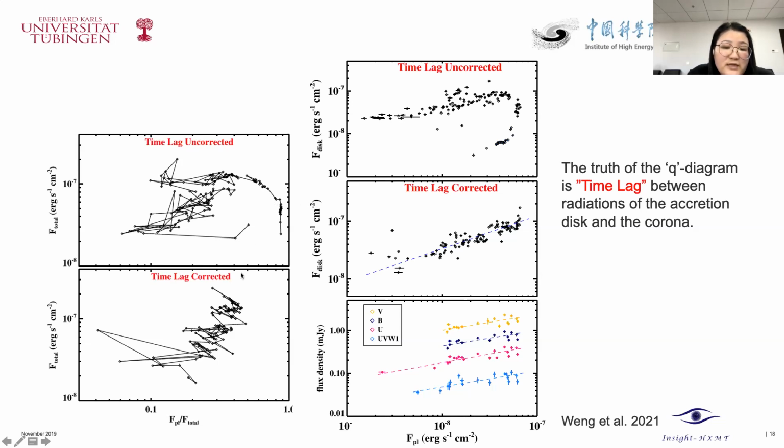And when you correct it for the time lag that was introduced by the different energy of the light curve, you will see that it becomes a linear function. For the disk component, it works the same. If you correct for the disk emission time lag, then it becomes a linear function. Then you will realize the source of the Q diagram is the time lag that's introduced between the accretion disk and the corona.